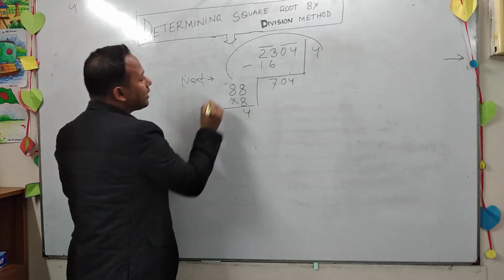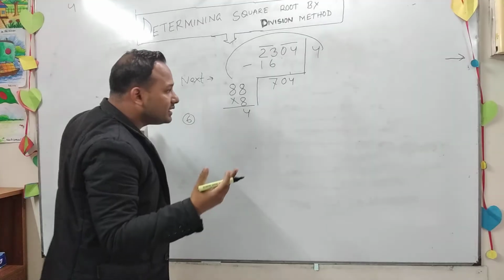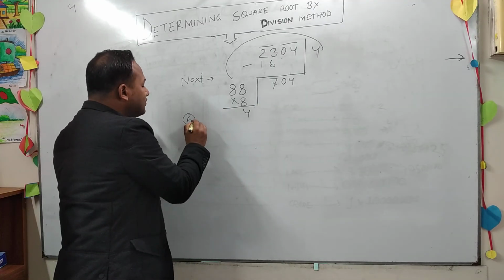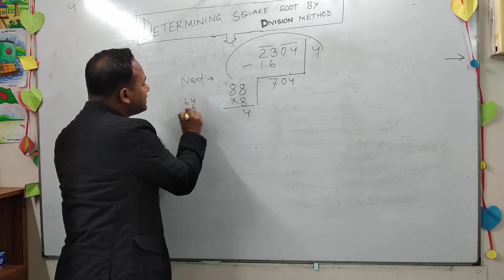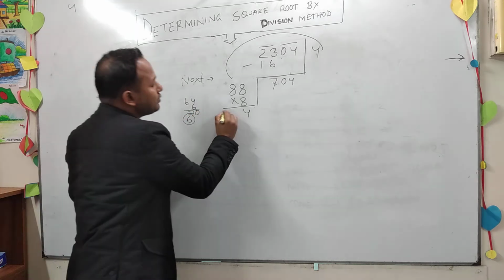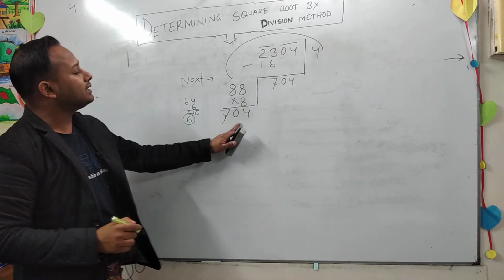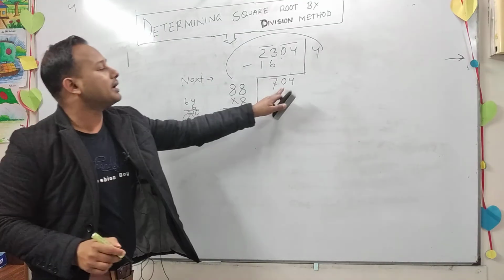You have taken 4 and you have a 6 here. So 8 8s are 64, and 64 plus 6 equals 70. So we will take 70. You can see that is exactly the number here.